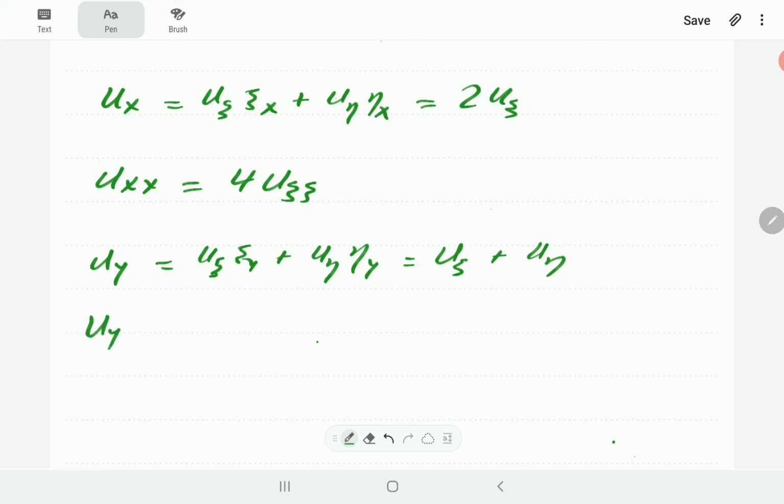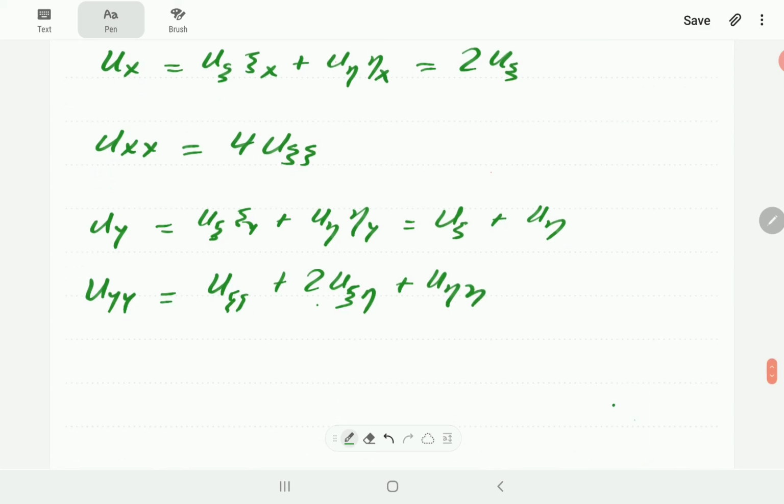Then if we go to the second order derivative, we are going to find that uyy is u xi xi plus 2 u xi eta plus u eta eta, and then the mixed derivative uxy is going to be 2u xi xi plus u xi eta.